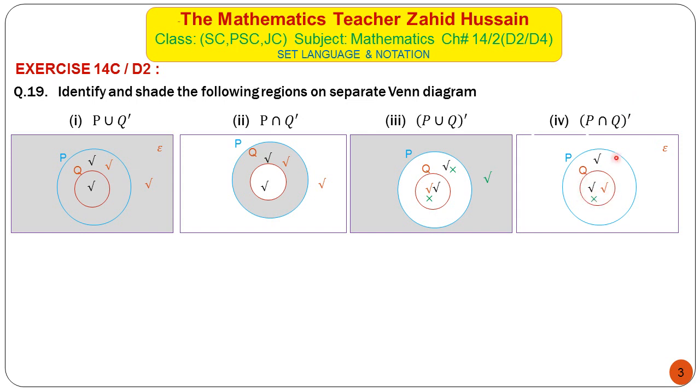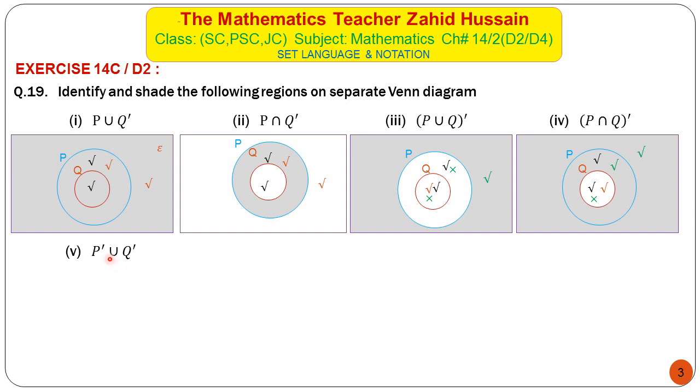We do not need this because we have to take the complement. Complement means the region which does not belong to this set. This set is this one. The complement of P intersection Q is this. So this region and this region are the required regions. This one and this one. So we will shade these two regions.